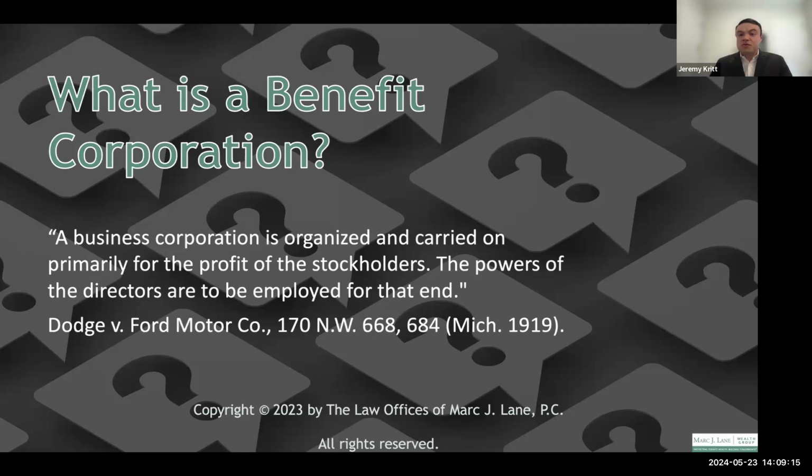The extent to which shareholder primacy applies today is subject to debate, and it definitely varies in different contexts. Management's day-to-day decisions are typically given the most deference by courts.